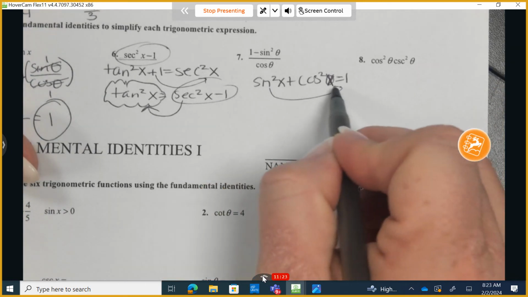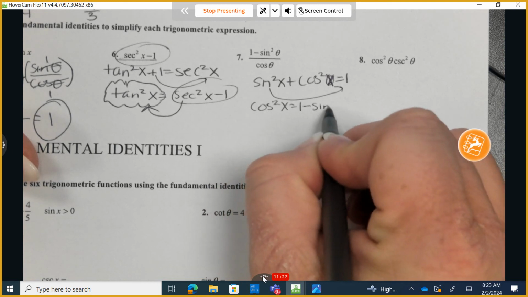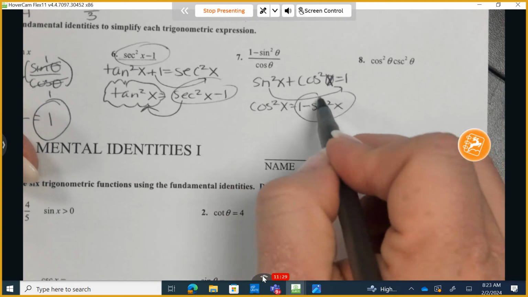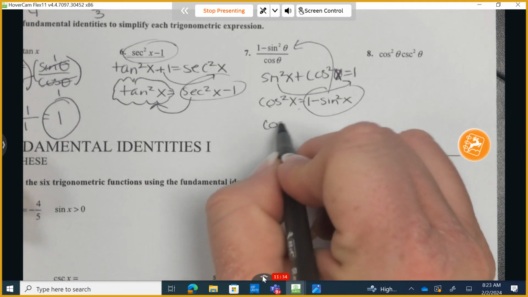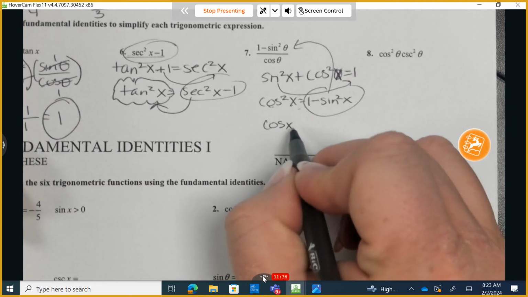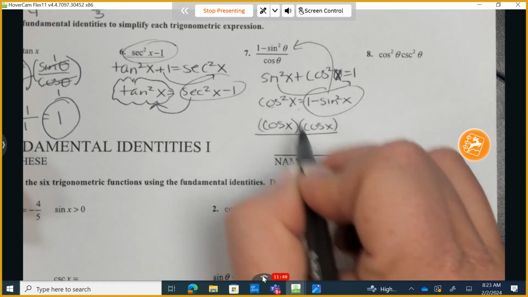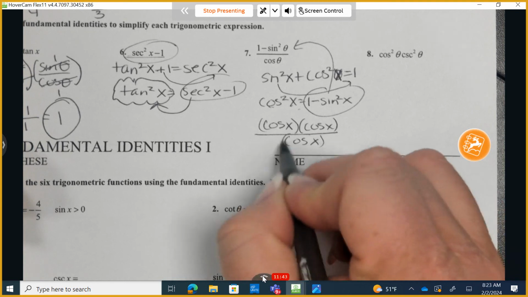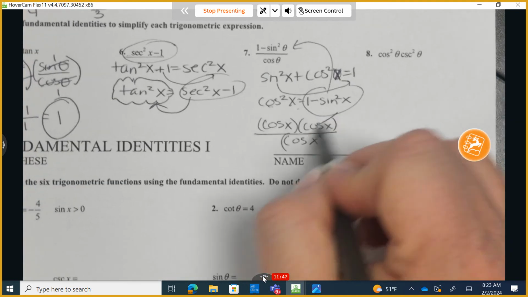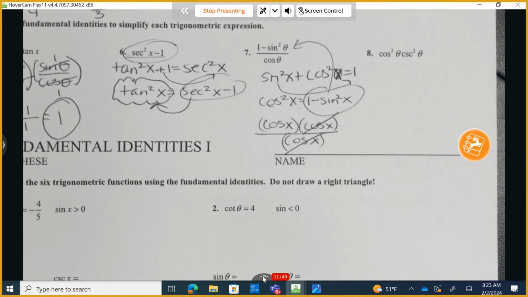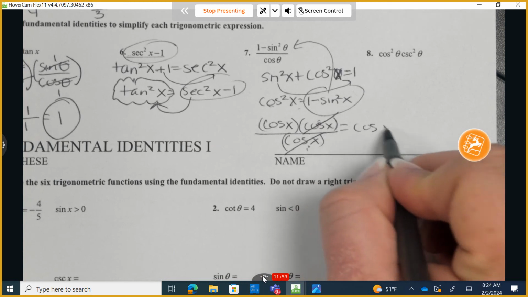If I move sine squared to the opposite side, I have cosine squared x equals 1 minus sine squared x. This is what we can see in the numerator, so I can replace the numerator with cosine squared. And by the way, cosine squared simply means cosine of x times cosine of x. In the denominator, I already have cosine of x. I just need to keep them the same. So I'm going to simplify. They turn into 1, and I'm just left with cosine of x.